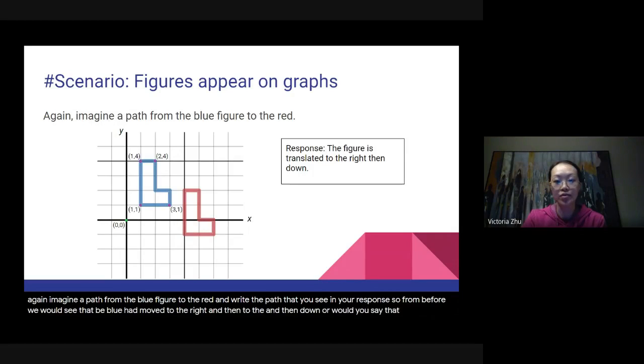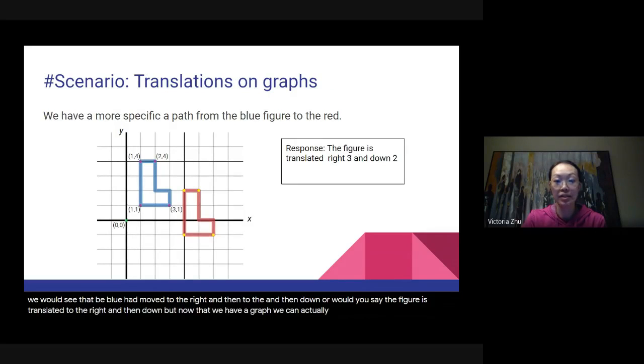Or we should say the figure is translated to the right and then down. But now that we have a graph, we can be a little bit more specific with the path that we described. A better way to say it is the figure is translated right 3 and down 2. Now, how did I know that?